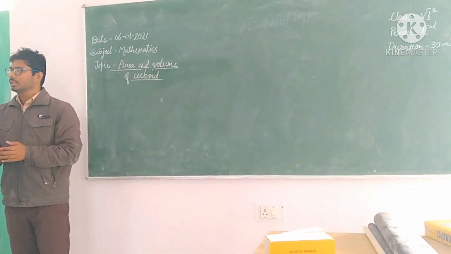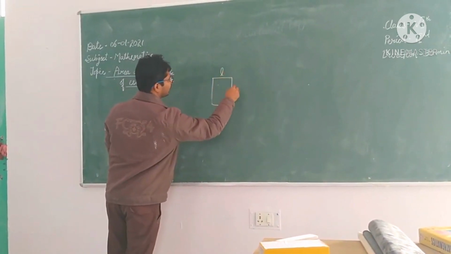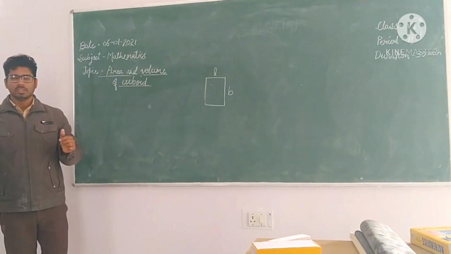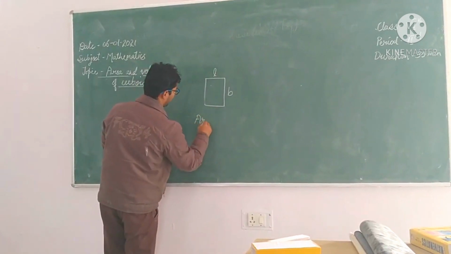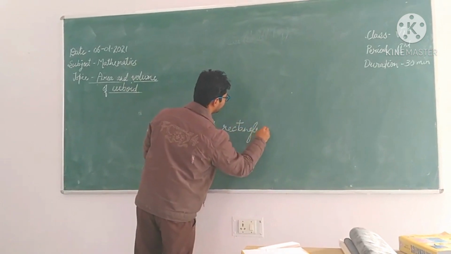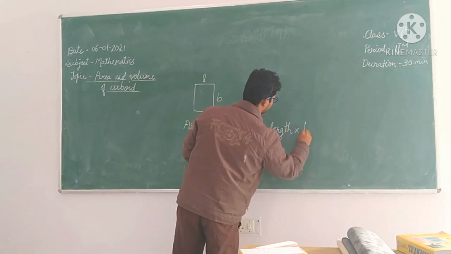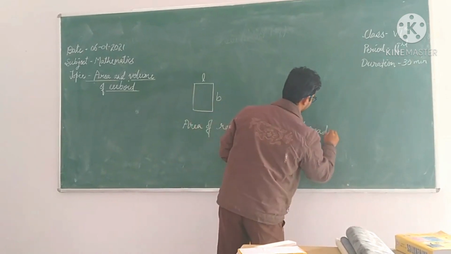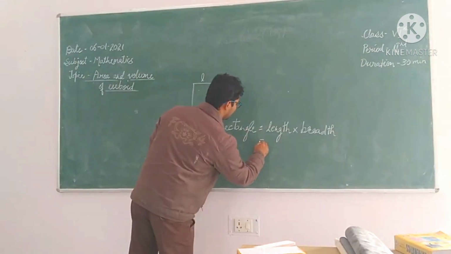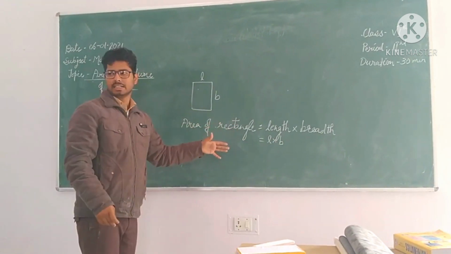Sir, L into B. Area of a rectangle. The rectangle is of length L and breadth B. We have studied the area of a rectangle in our previous classes: length into breadth. For simplification, we say L into B.